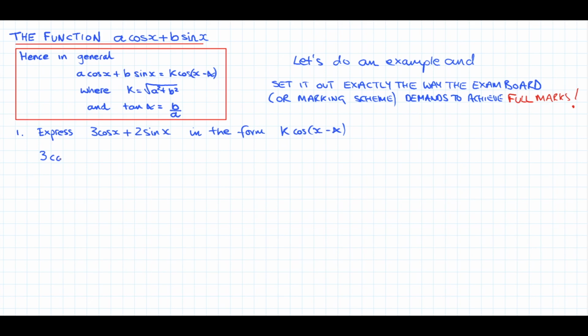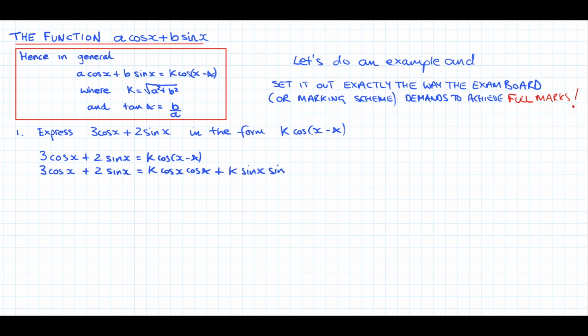We would have 3 cos x plus 2 sin x is equal to k cos(x minus alpha). That's the first step the exam board want to see. And the next thing they want to see is your expansion of the cosine cos(x minus alpha). So let's do that. We would do k cos x cos alpha plus k sin x sin alpha.